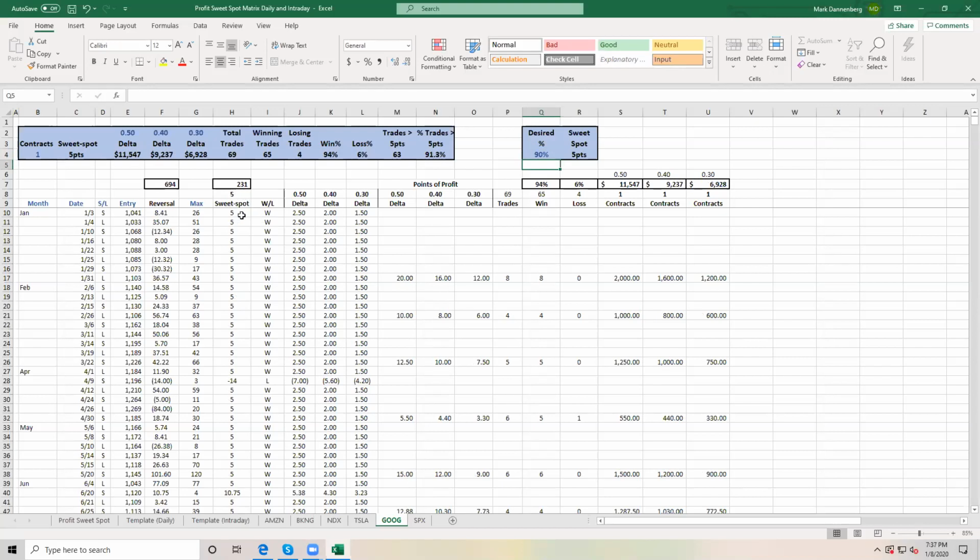It says that if you want a very conservative approach, you're going to take a trade, you're going to assume that there's going to be a 5-point movement in the stock, and that if you have a 40 delta, you're going to set your good till canceled order to sell to close for a $2 profit. So at a 40 delta, that's $9,000, $9,200 over the course of a year. Well, depending on how many contracts you want to trade, if you want to trade 10 contracts, that's a $92,000 potential profit. You got a 90% win rate.